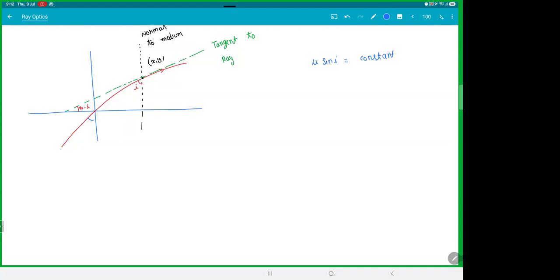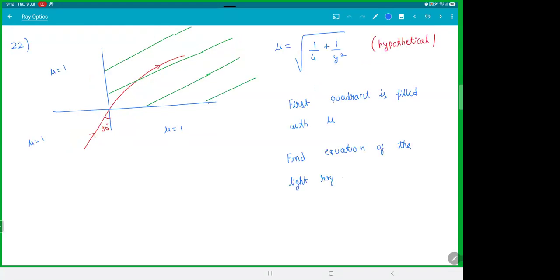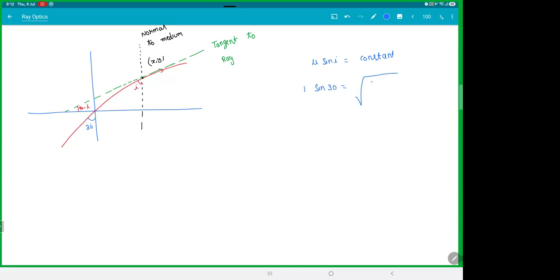So initially this angle was 30, mu is 1, so 1 sine 30 is equal to this mu, which is root over 1 by 4 plus 1 by y square into sine I. Sine 30 is half, so from here I get sine I is equal to, that is half, so you can cross multiply this.